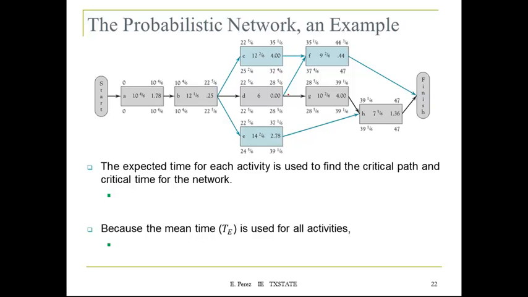So the expected time for each activity is used to find the critical path and critical time for the network. So in this example, that will be 47. So the critical time is 47 days.